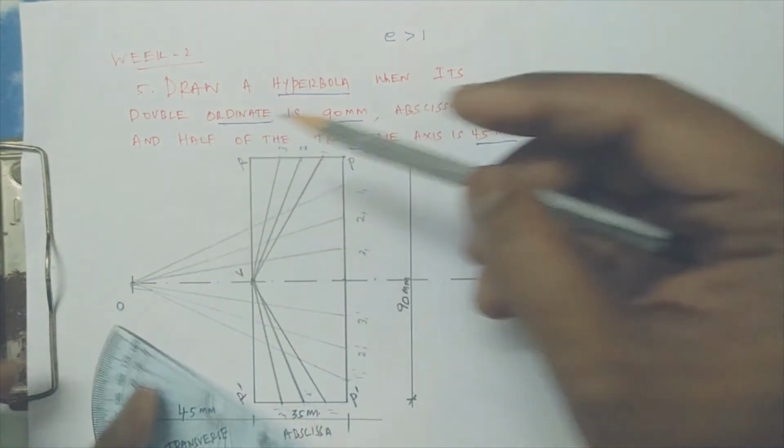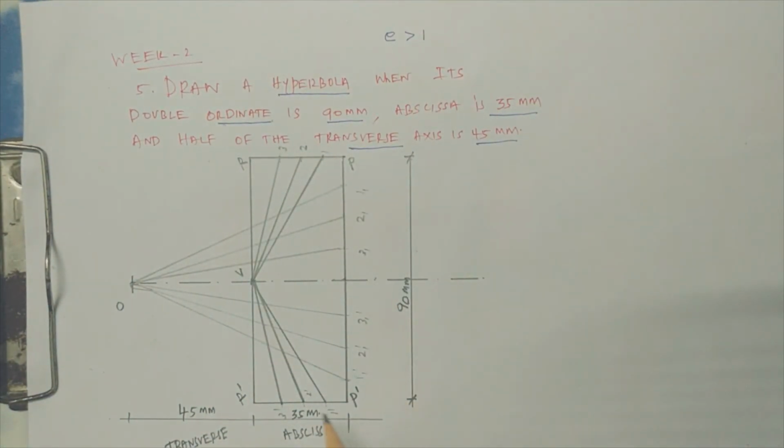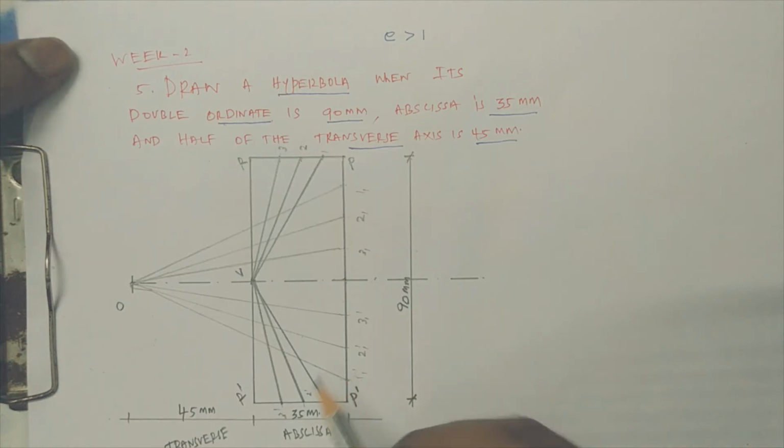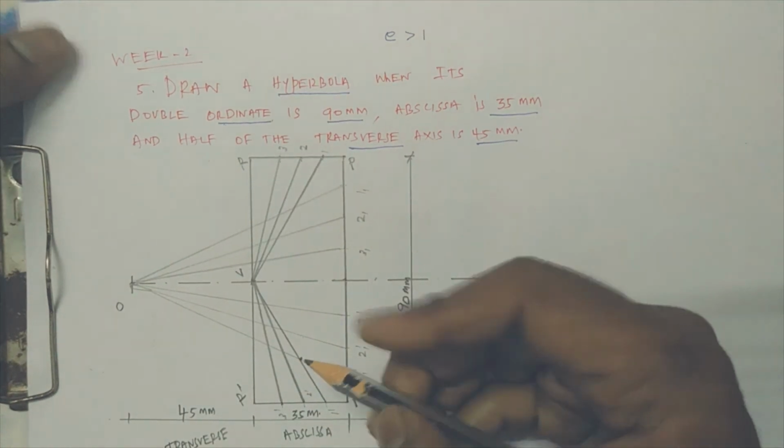Now the diagram is over. You can see the intersection points, which give the path of the hyperbola.